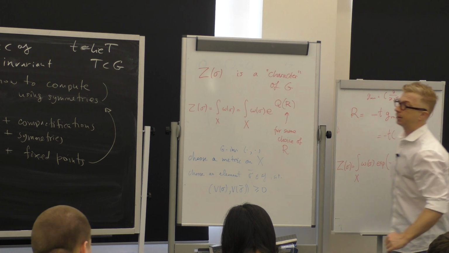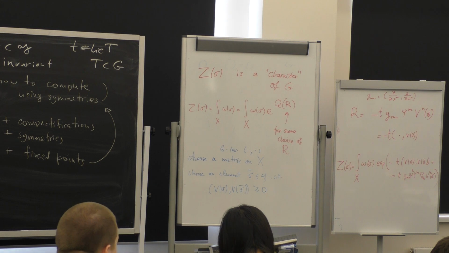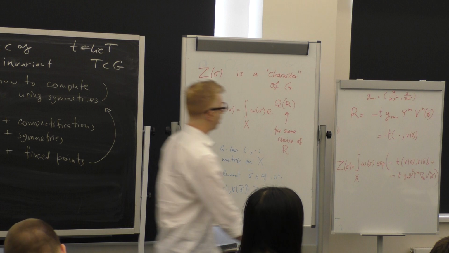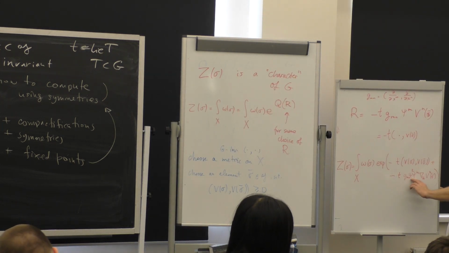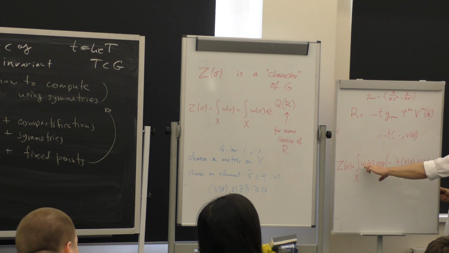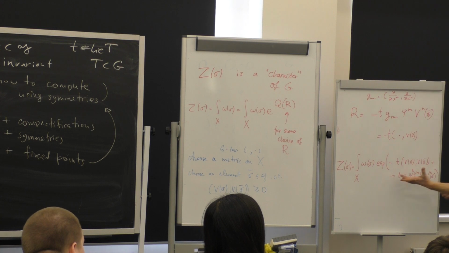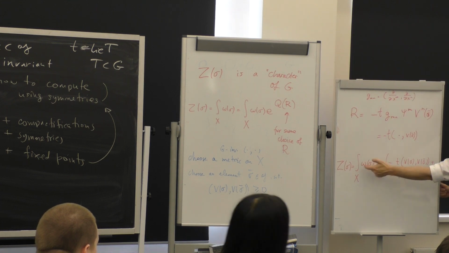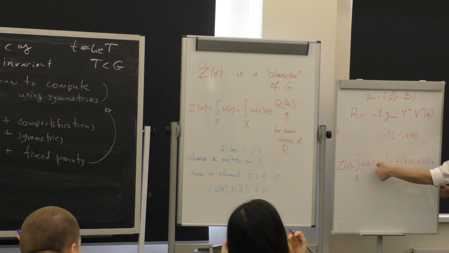Omega, remember, may have had components of different differential form degree on X. And so now when I will be expanding my exponent in the powers of this two form, not only the top degree component of omega, but lower degree components of omega will also contribute. And if I expand this to the maximal power, which is the dimension of X over 2, then it will be the zero degree component of omega which I will need to do the integration.